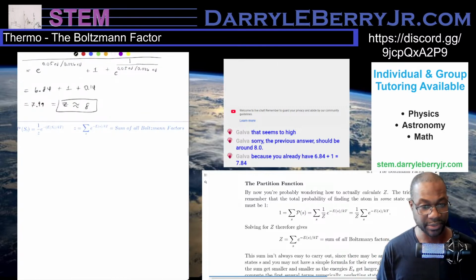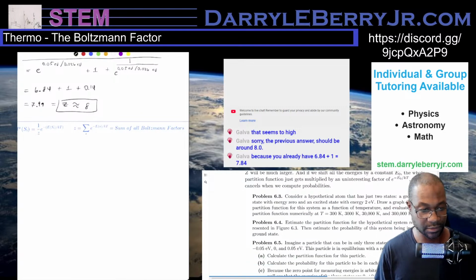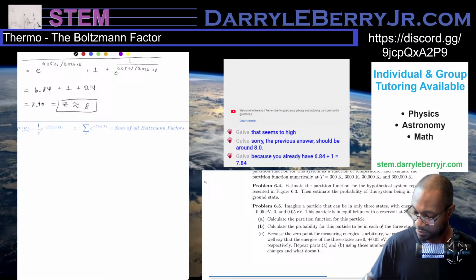Now we want to get the probability of each of these states. So the probability of S1 is going to be 1 over Z times e to the negative energy of S1 divided by kT.